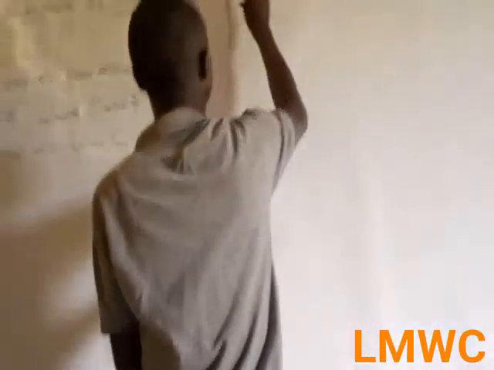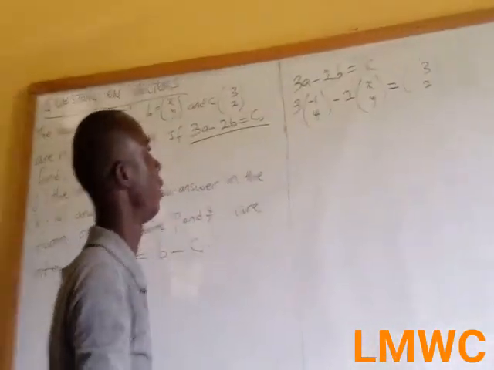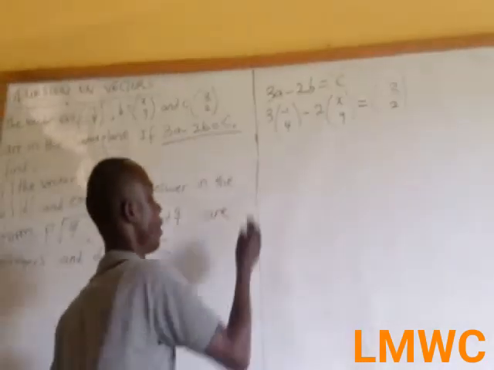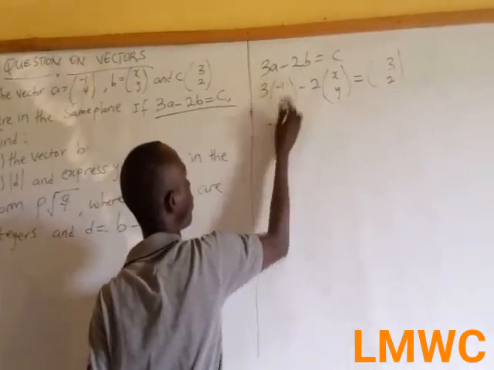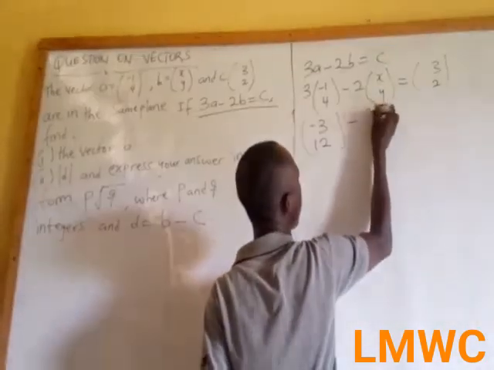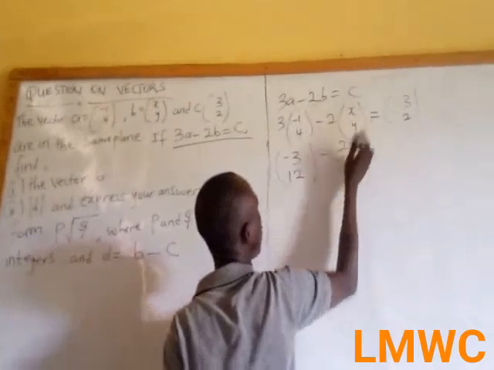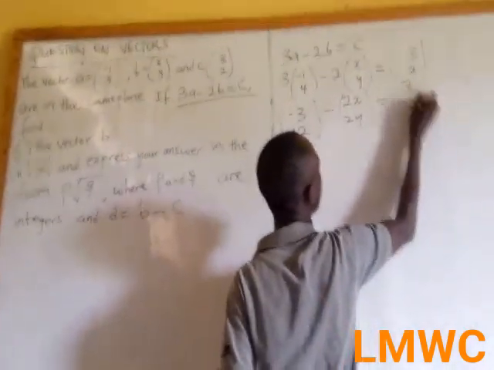So this 3 will multiply and affect the numbers in the bracket. So 3 times negative 1 is negative 3. 3 times 4 is 12. Minus 2 times x, we have 2x. And 2 times y is 2y. Equal to (3, 2).